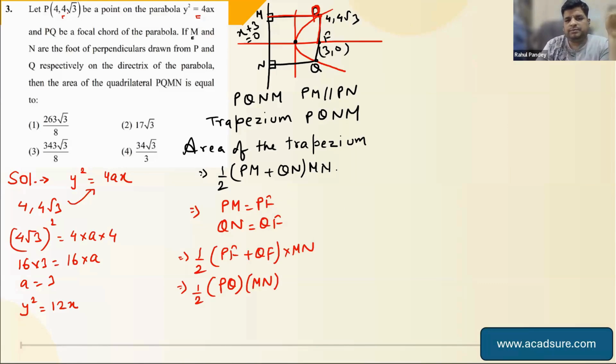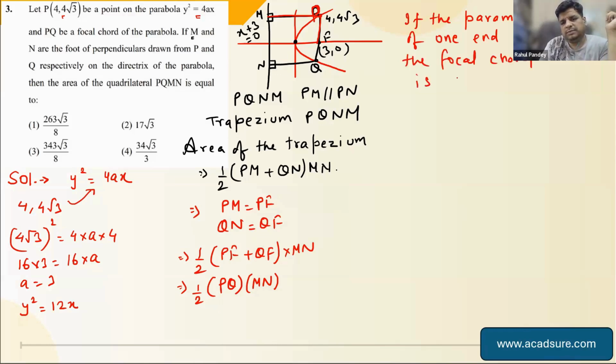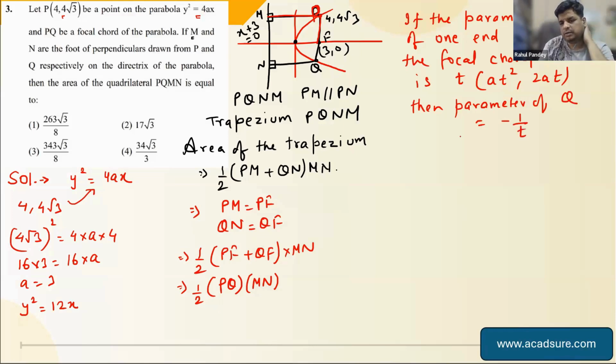Now we have one property of focal chords: if the parameter of one end of the focal chord is t, which means the point will be (at², 2at), then the parameter of Q would be -1/t. Okay, so let's find t first here.